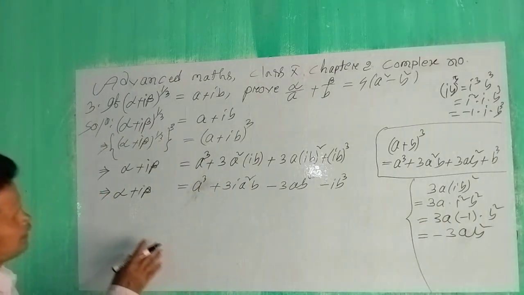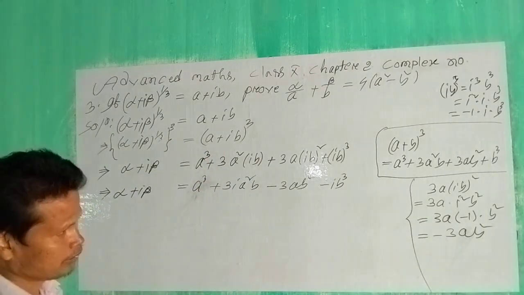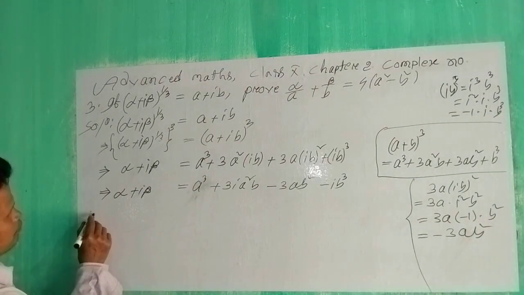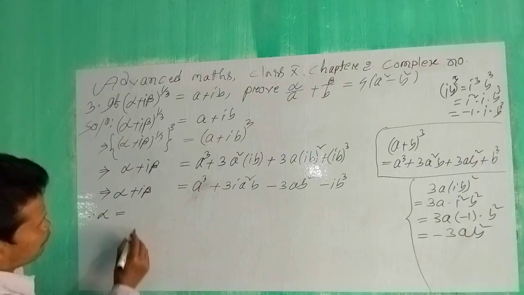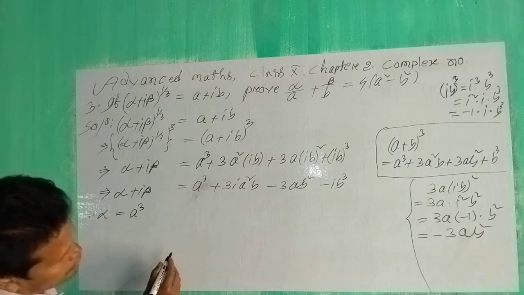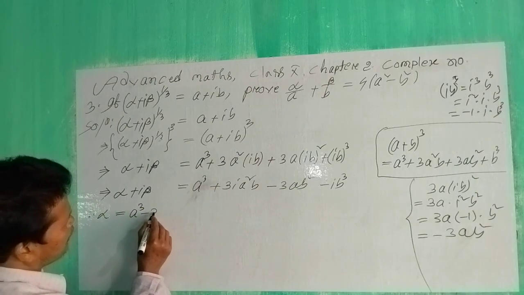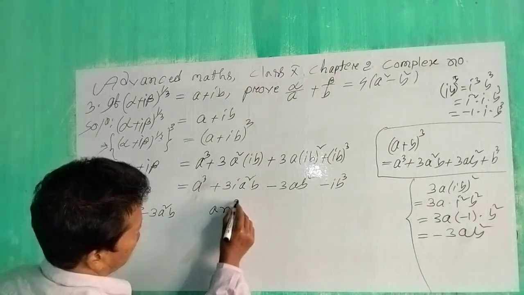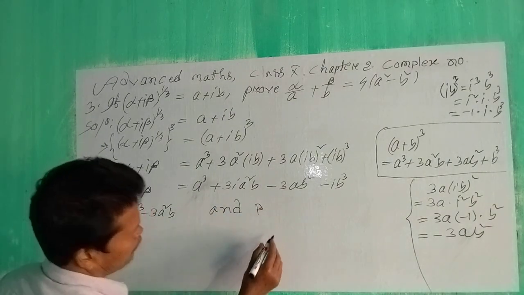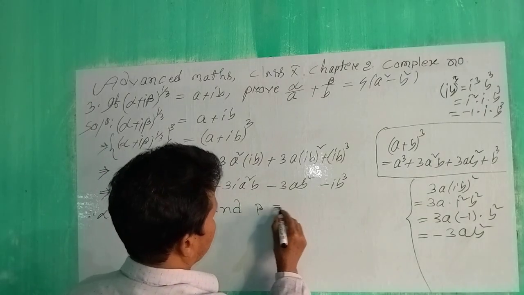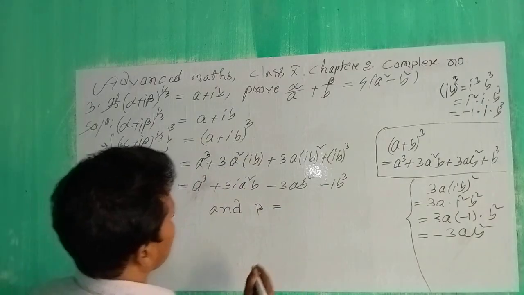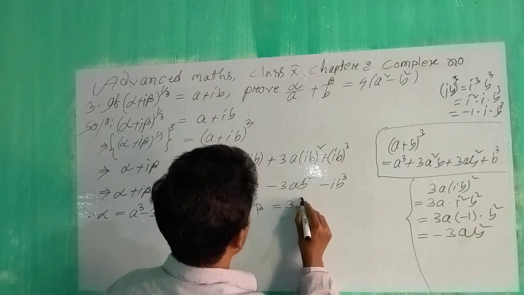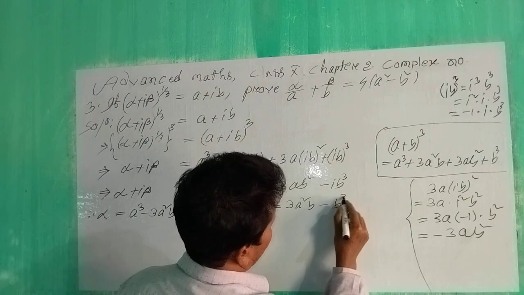Now we are going to take real by real and imaginary by imaginary. Therefore alpha equal to a cube minus 3ab square, the real part, and beta equal to 3a square b minus b cube.